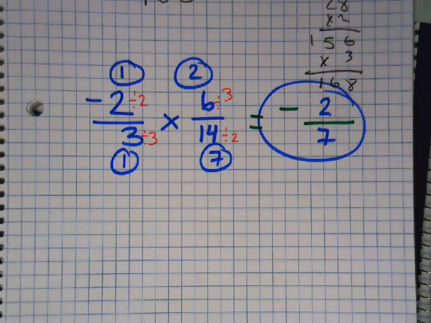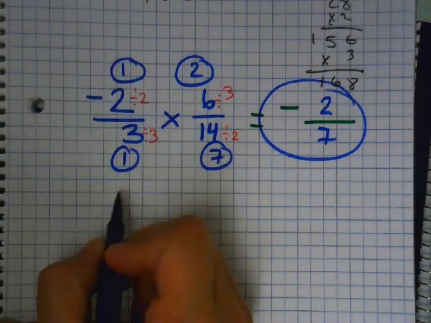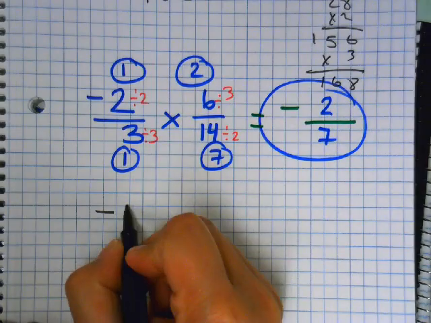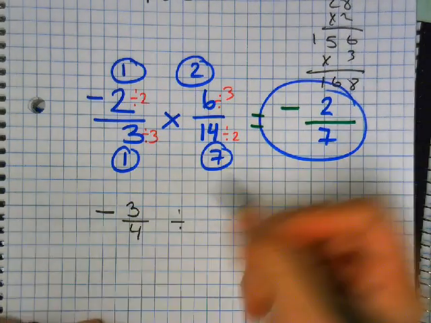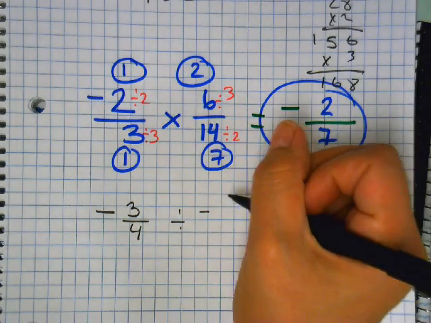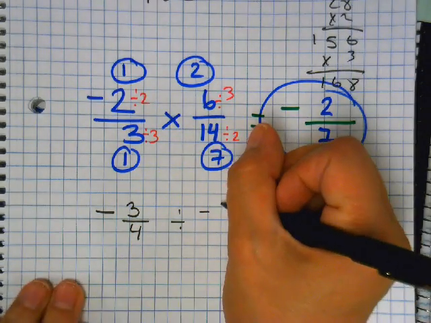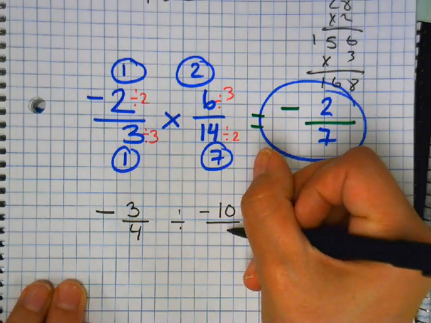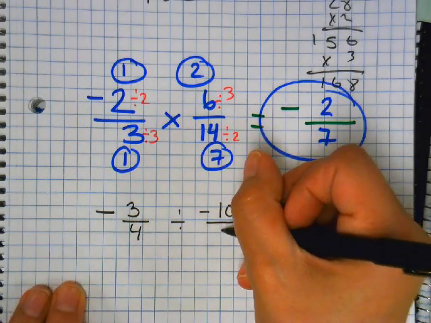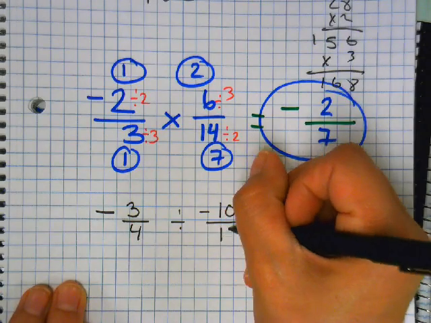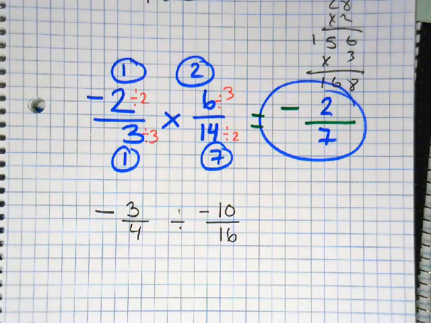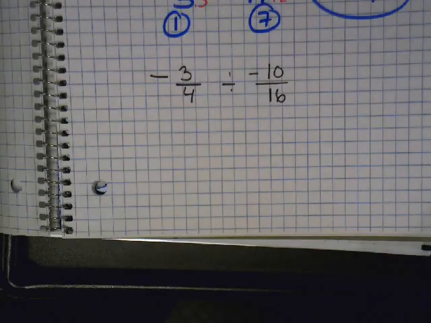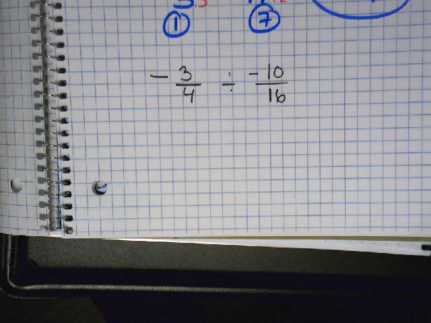Now, do you remember how to divide fractions? Yeah. I think. You're not really dividing. Actually? Yeah, you're right. You're not really dividing. How about this? Negative 3/4 divided by negative 10 over 16.